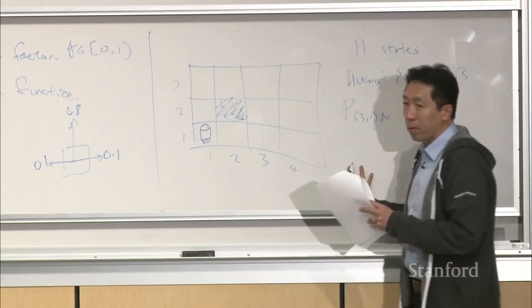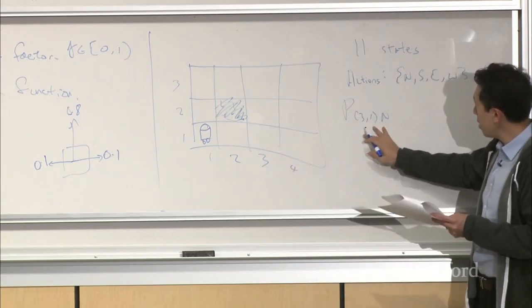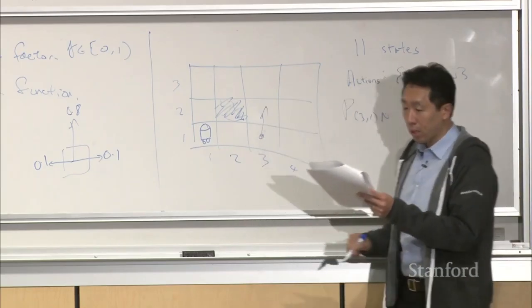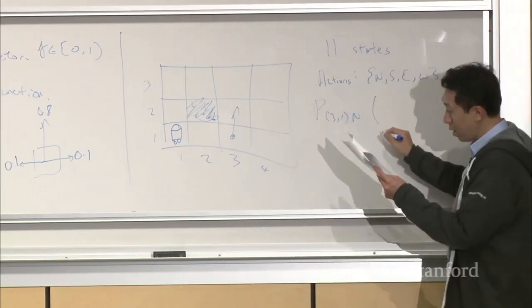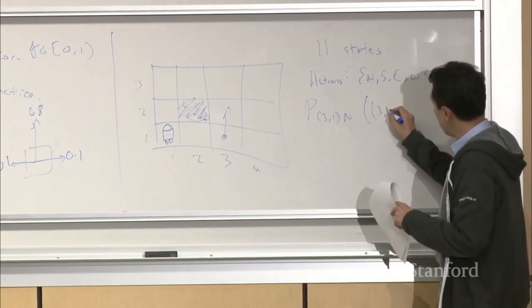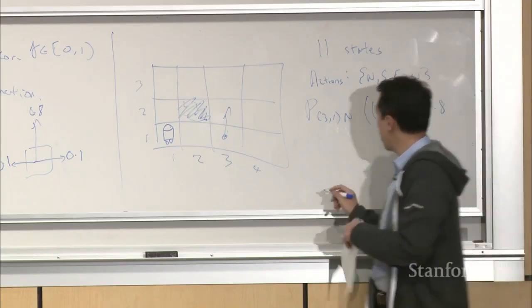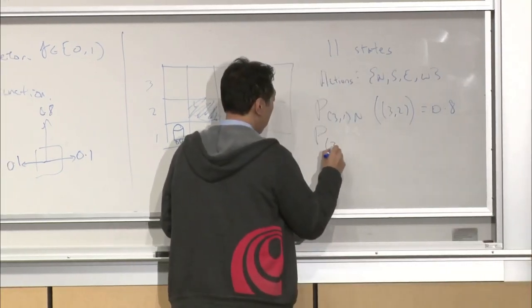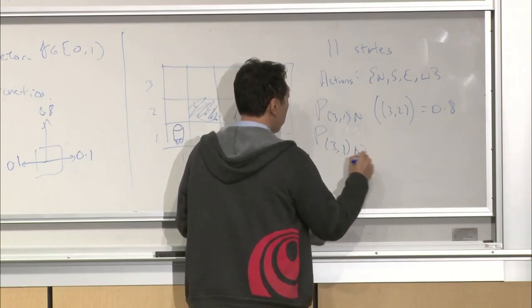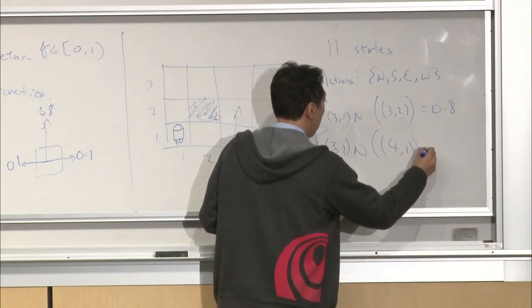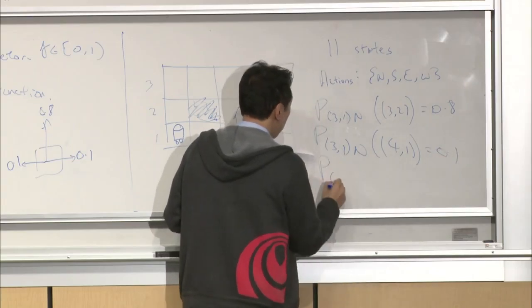the state transition probabilities to specify these. You say that if you're in the state (3,1), and you command it to go north, the chance of getting to the state (3,2) is 0.8. And the chance of getting to the state (4,1) is 0.1.